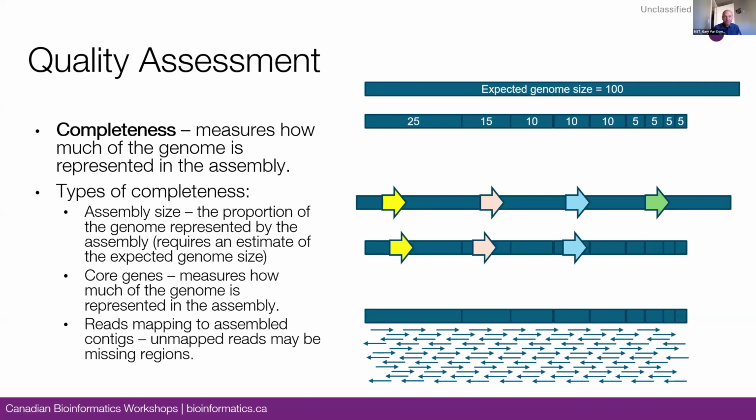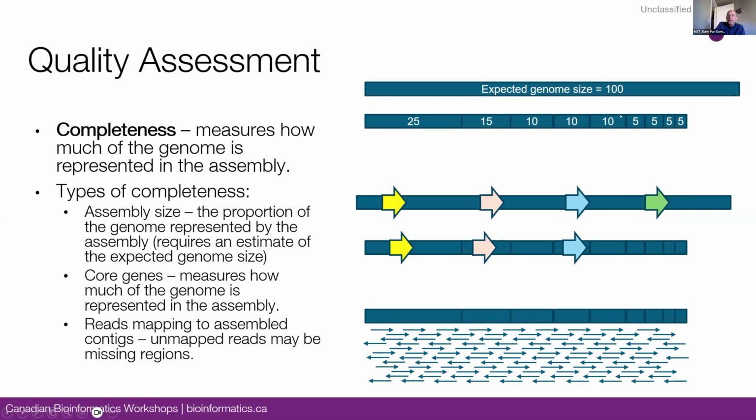Let's keep going. So completeness is a measure of just how much of the genome is represented in the assembly. So our expected genome size here is 100. If we generate something that's less than that size, then that could be a measure of the quality of our assembly.